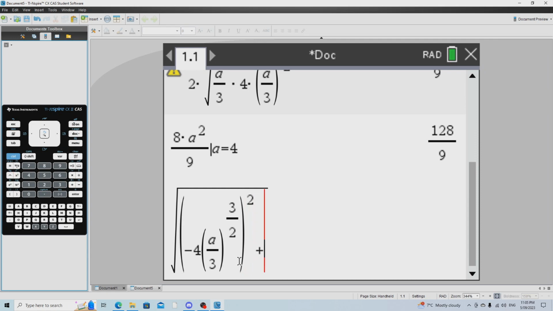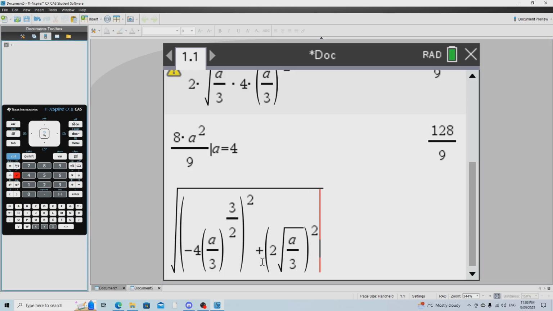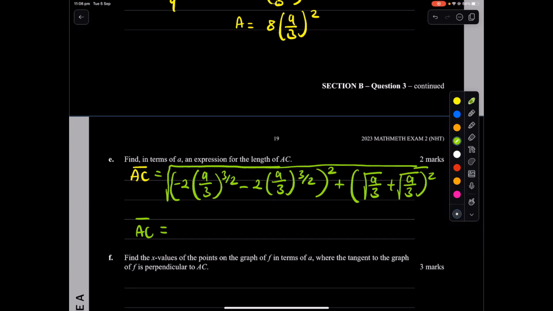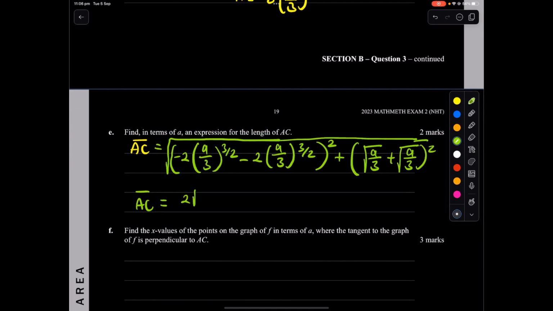Plus 2 square root a on 3, all squared. I hope that's right. Enter, and we get this over here. So let's write that: 2 square root 3a, 4a squared plus 9, all over 9. So that's in terms of a.